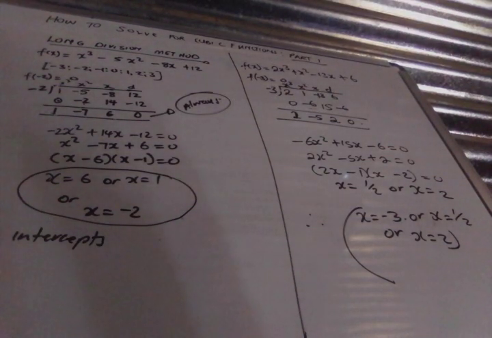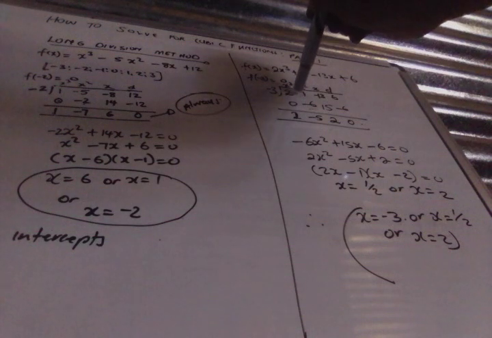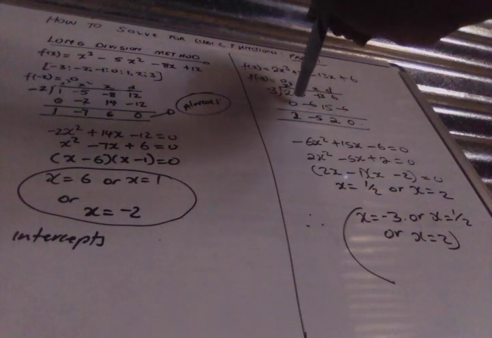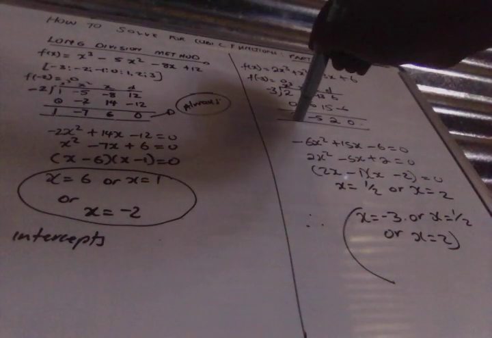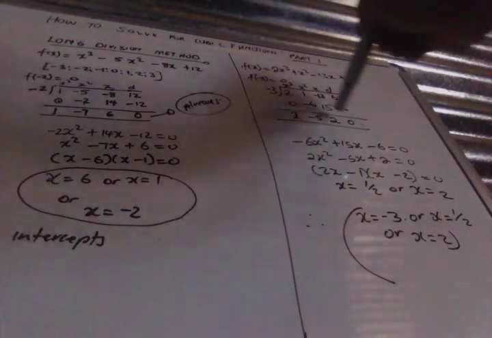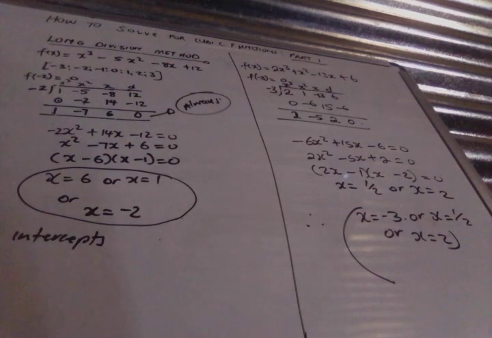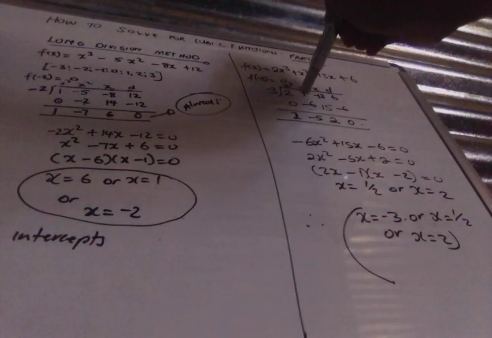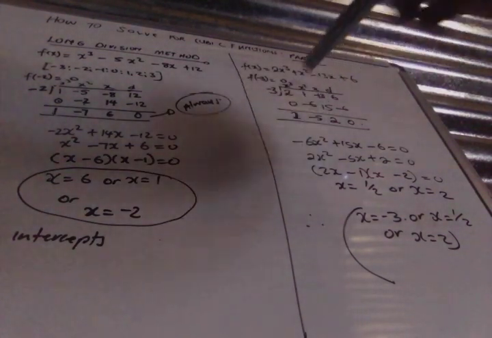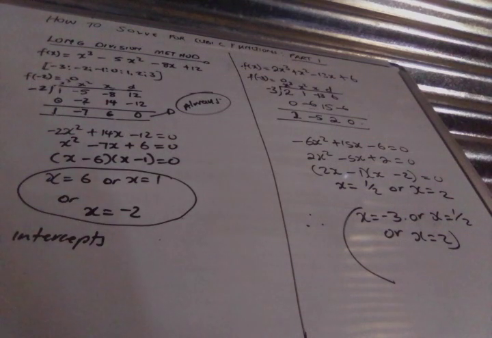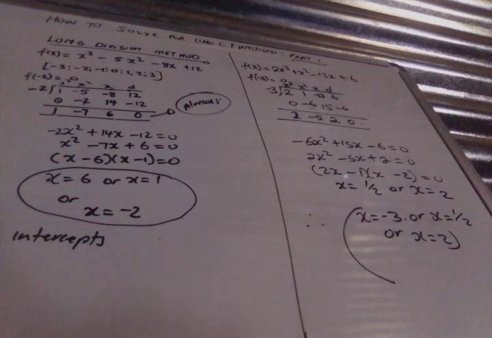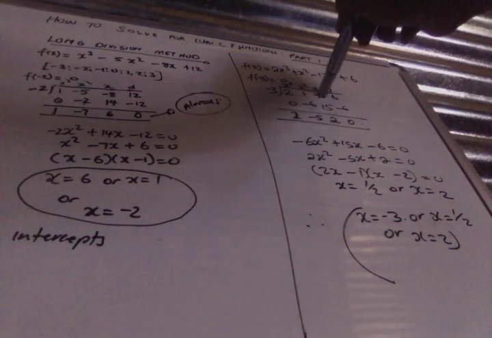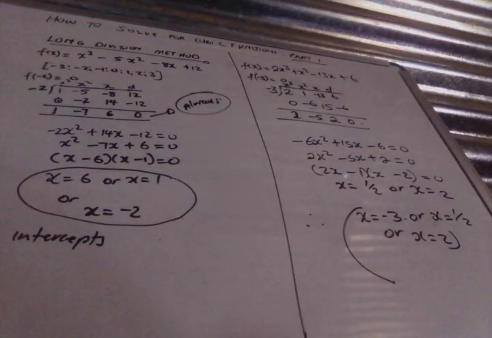From there I will add 2 plus 0, I'll get 2.